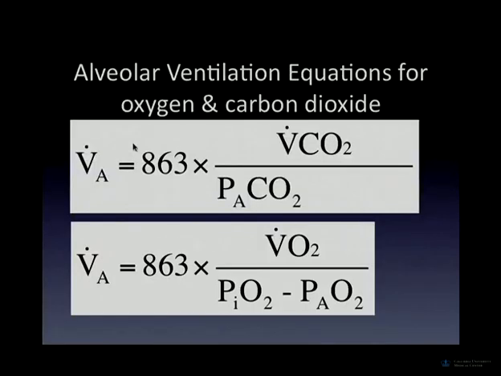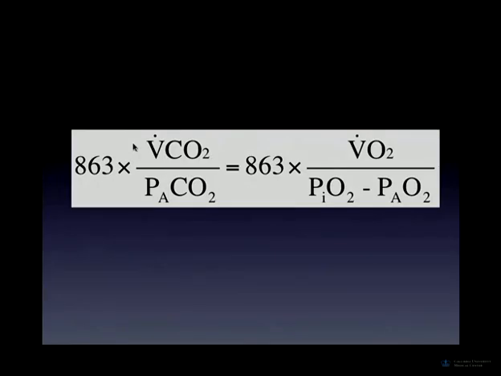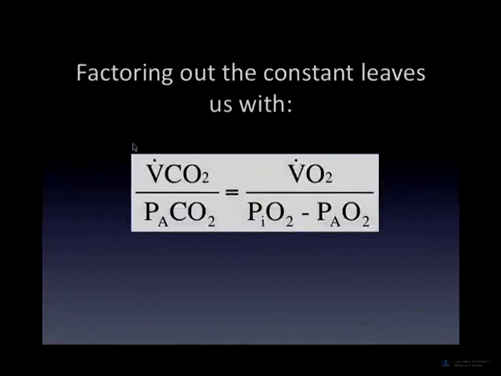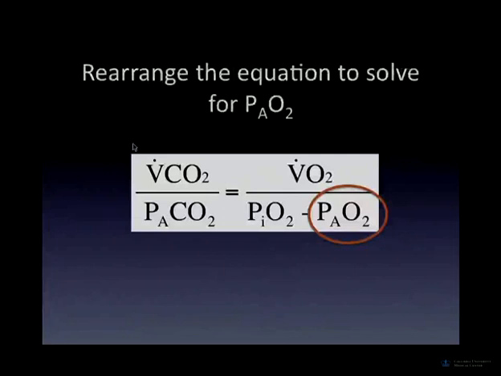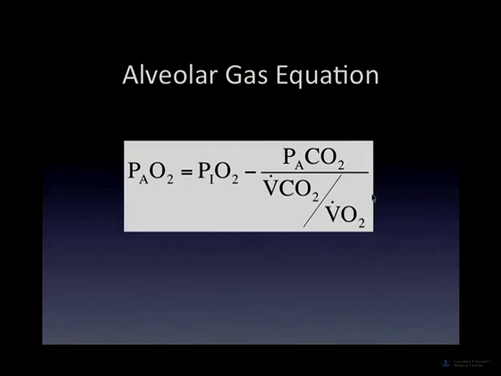And because both of these equations equal the same thing, alveolar ventilation, we can set those two terms equal to each other thanks to the transitive property. And then we can factor out that constant because it's present on both sides of the equation. And that leaves us with the following. And we're interested in alveolar oxygen tension, so let's solve for PAO2. And when we do that, we see this term. We've just spent a lot of time talking about this.